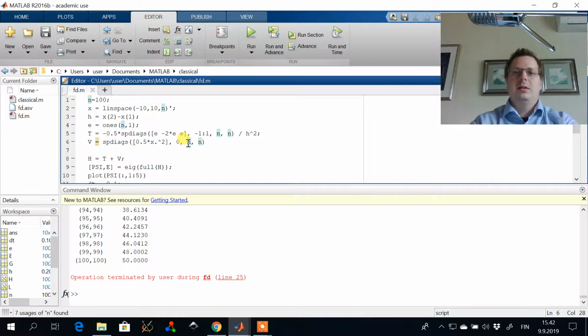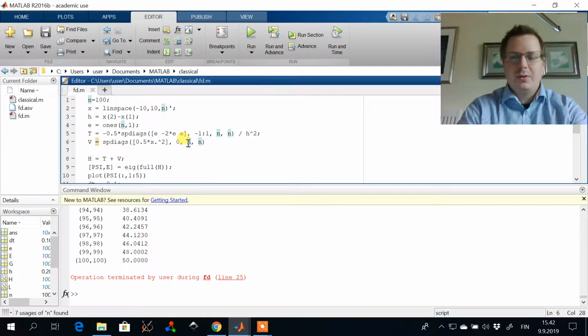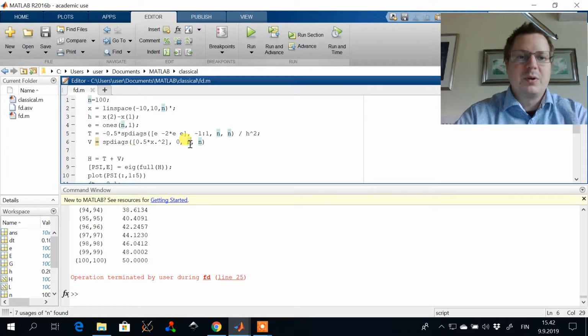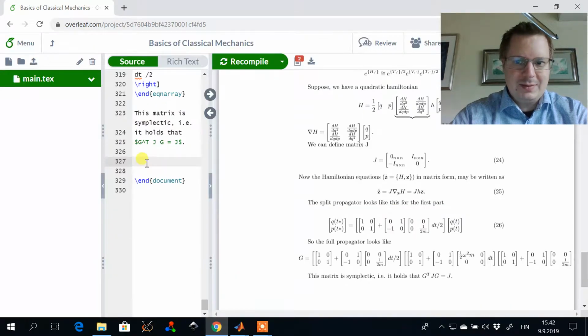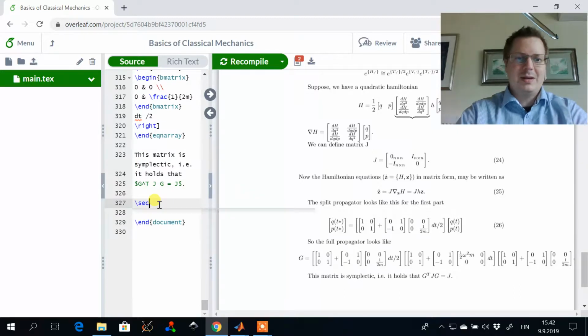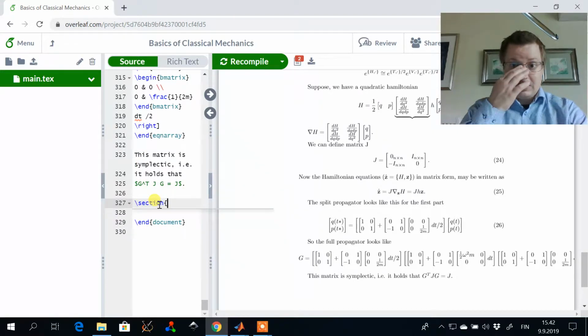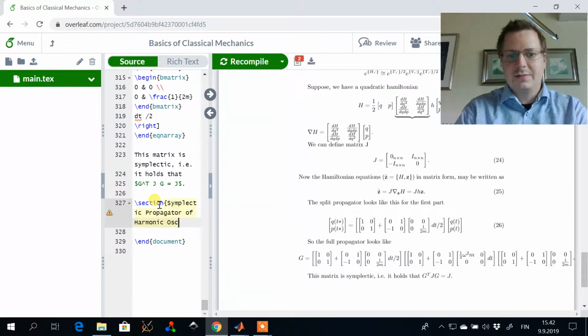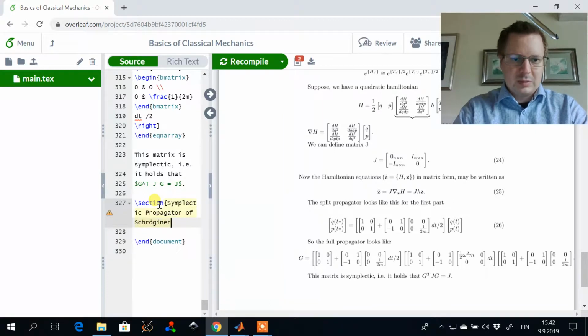So I previously gave you an example of a symplectic propagator, so let's do a symplectic propagator of the harmonic oscillator. With that we need a little bit of math as well. So, symplectic propagator of the harmonic oscillator of the Schrödinger equation.